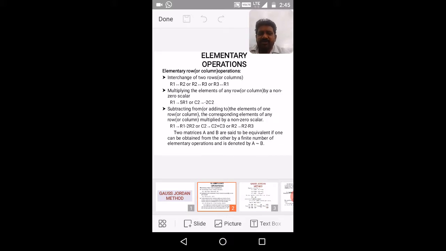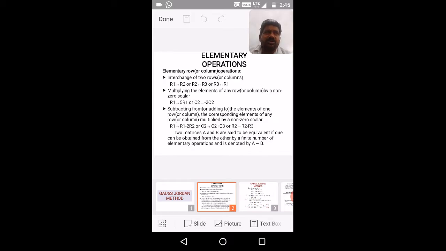So the first thing we said here, R1 tends to R1 minus 2R2, is an important one. This type of operation will be useful while solving these questions using the Gauss-Jordan method. For example, sometimes you have to take R1 tends to R1 plus 3R2.